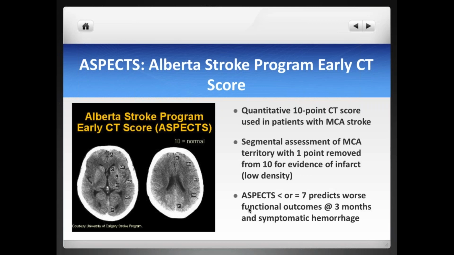So in the initial assessment of your CT, you look at it and say, well, the ASPECT score of this patient is 5, which means there's a lot of hypoattenuation, which typically means that there's already a large stroke core. Then you would probably not necessarily favor revascularization, because at that point you'd probably say that the benefits are not going to be as much, given that the stroke core is so large.